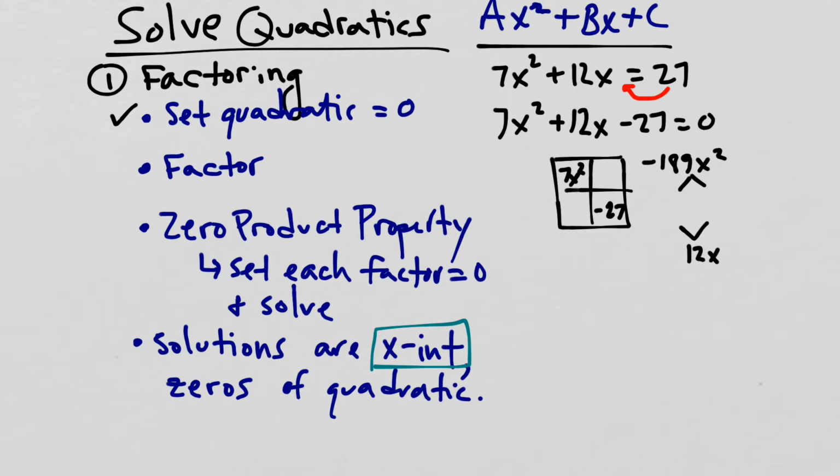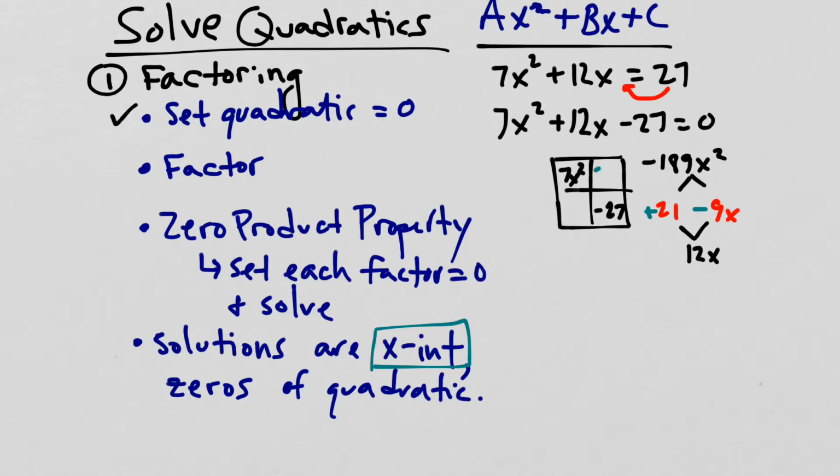So again, working through our factors of negative 189, which would be a 1 and a 189, those don't work. If you did 189 minus 1, we need a 12, so it winds up being 21 and 9, but the 21 has to be a positive and the 9 has to be a negative because that would multiply to be negative 189, and then they would add or combine to make positive 12.